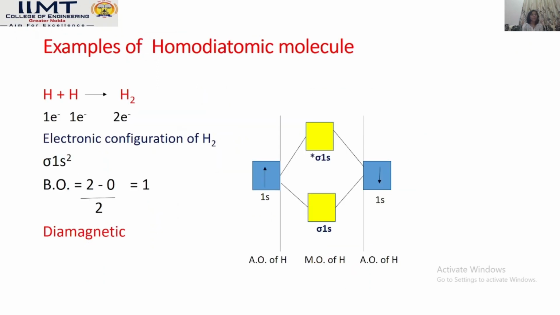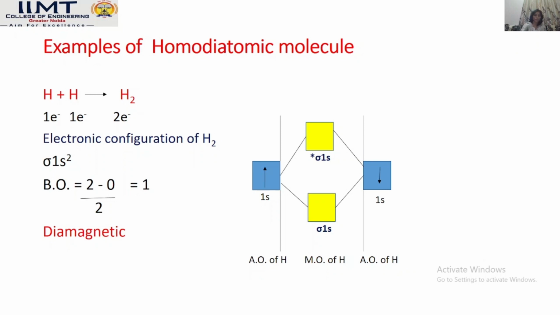Example of homodiatomic molecules. The first example is hydrogen. The electronic configuration of hydrogen atom is 1s1. So one electron is filled in the 1s atomic orbital of each hydrogen atom. By the combination of 1s and 1s atomic orbitals of hydrogen atoms, two molecular orbitals, sigma 1s and sigma star 1s, are formed.